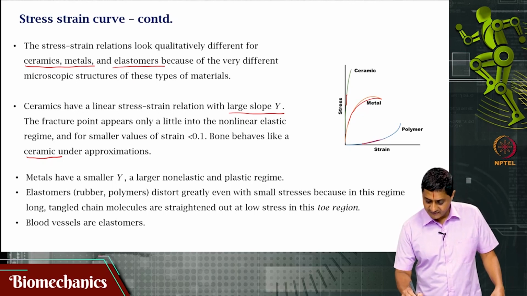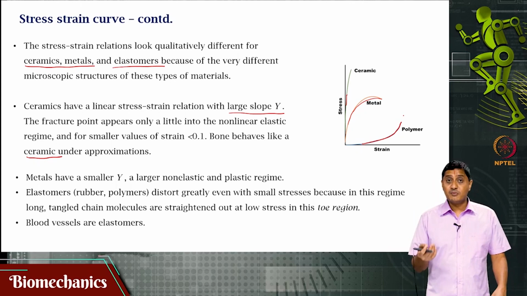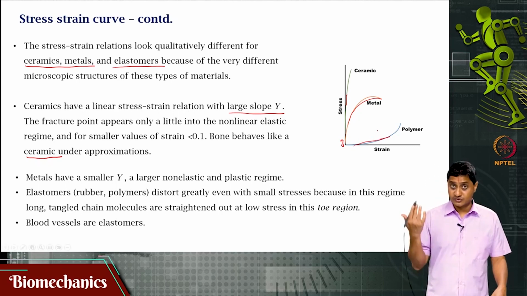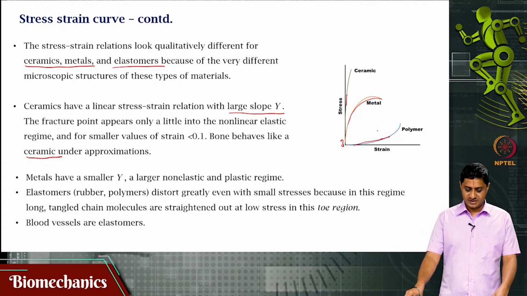Polymers, right, they have this kind of a characteristic. They distort greatly even with small stresses, right. These are very small stresses, they distort to a great extent. So, the deformation that they go through is very high in polymers, elastomers, rubber.